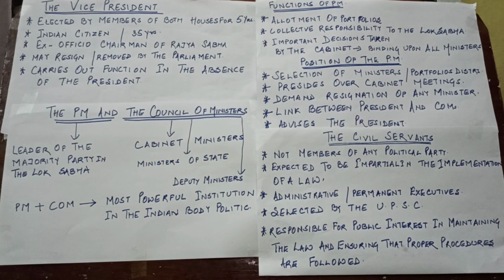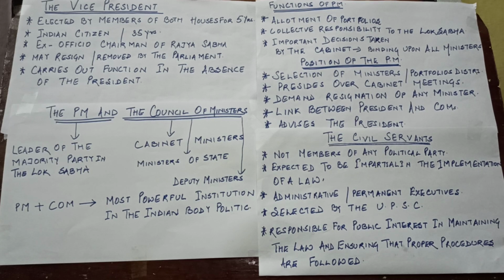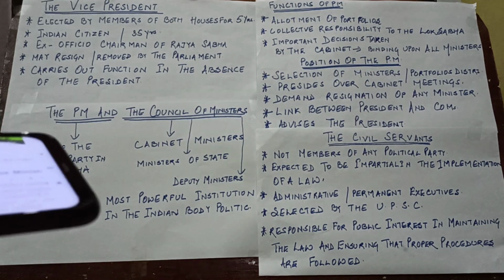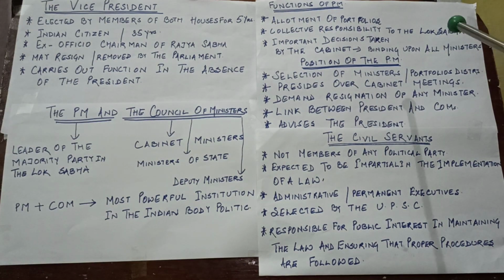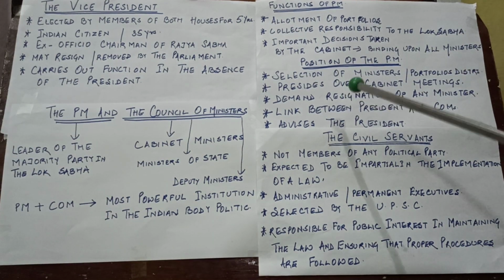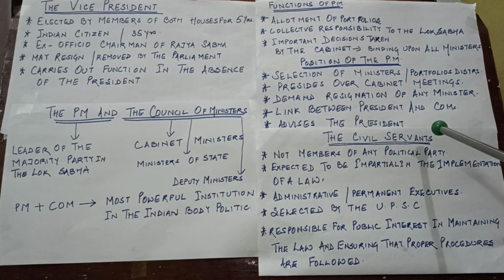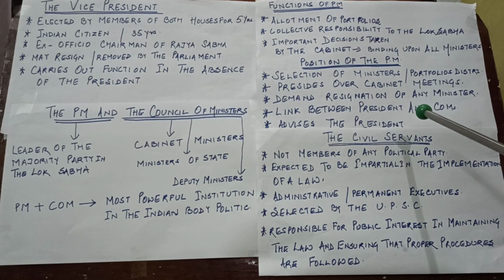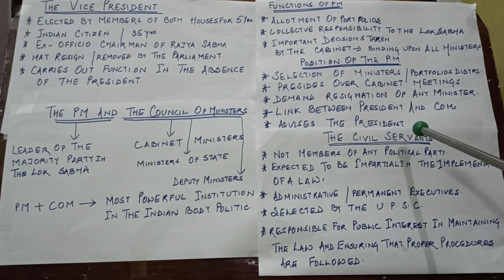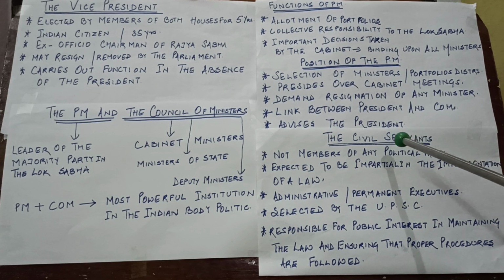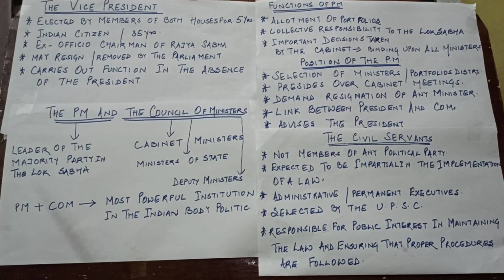Now coming on to the functions of the Prime Minister. Before going to the functions of the Prime Minister, I would like to say that the person, in order to become a minister in the Lok Sabha or in the Rajya Sabha, has to be a member of any of the houses.